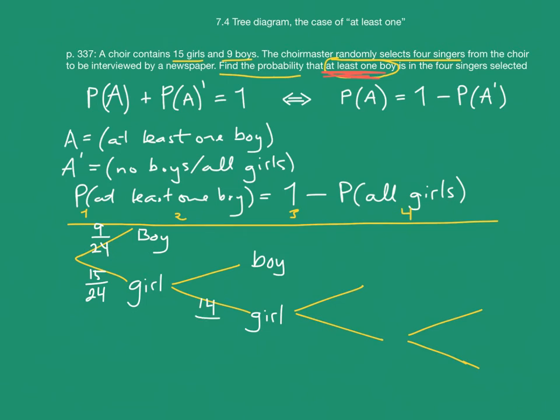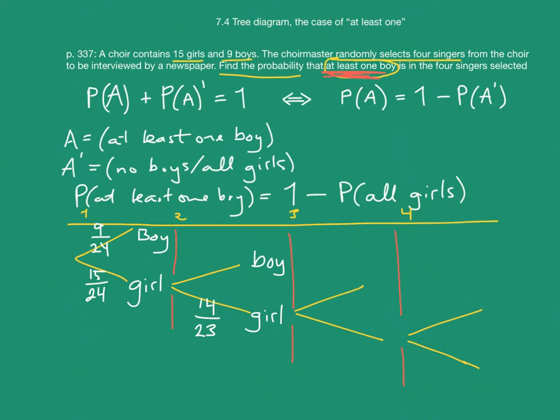And remember, we already selected one out of the 24. So altogether in the choir, there are 23 singers left. And I'll just separate the different picks with these red lines here. So every section is sort of a new experiment or new pick.